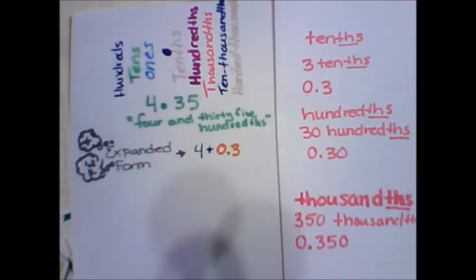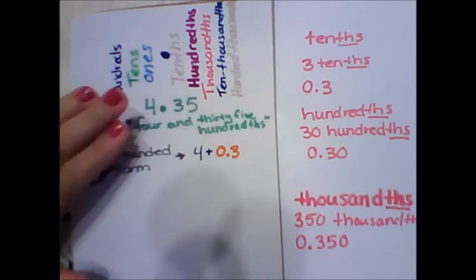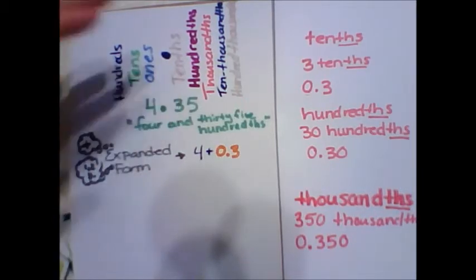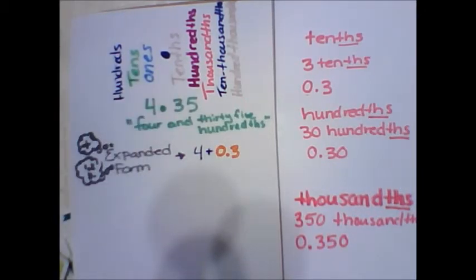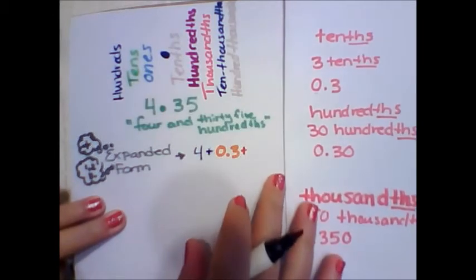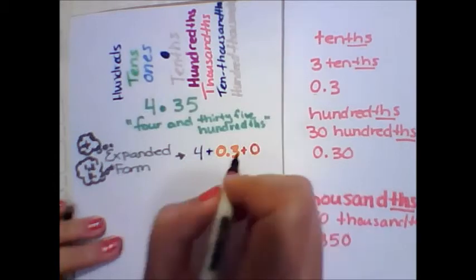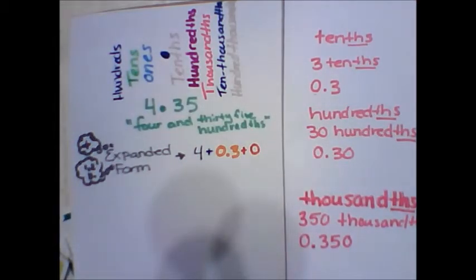Now let's look at the 5 in our original number. This number is 5 hundredths. We're ignoring everything else and we're looking at the place value of the 5 only. How do we write 5 hundredths? Well, first we're going to add this number to the whole number, and we're going to start out with our 0 since there are no whole numbers.